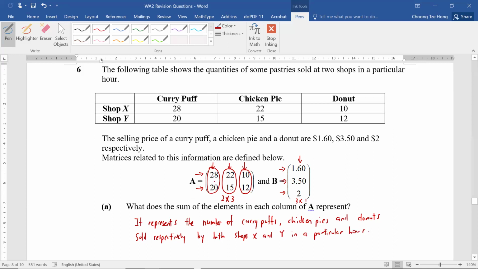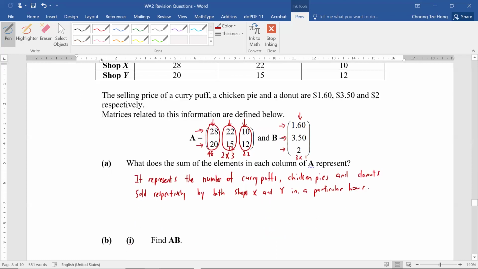If you sum it up, you will get 3 numbers: 48 curry puffs, 22 plus 15 is 37, and then 10 plus 12 will give you 22, respectively, by both shops X and Y in a particular hour.